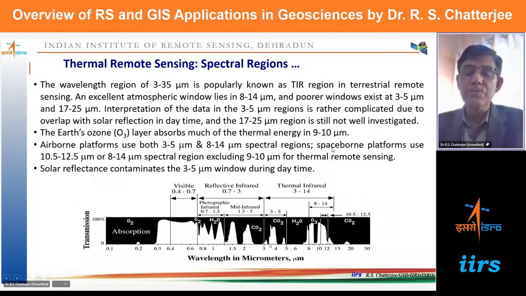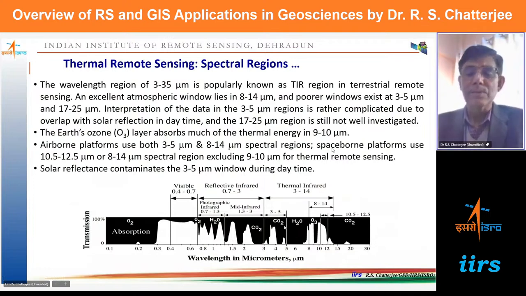You see there are atmospheric windows available. One is 3 to 5, another is 8 to 14, another is 70 to 25. But you see this prominent atmospheric window is at 8 to 14 micrometer. 3 to 5 is also a good atmospheric window, whereas this 70 to 25 is very subdued. Atmospheric transmittance is much less.